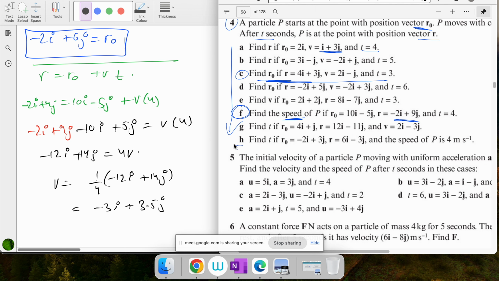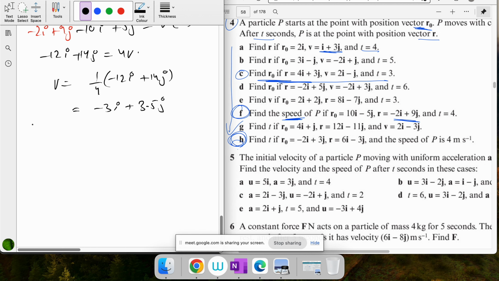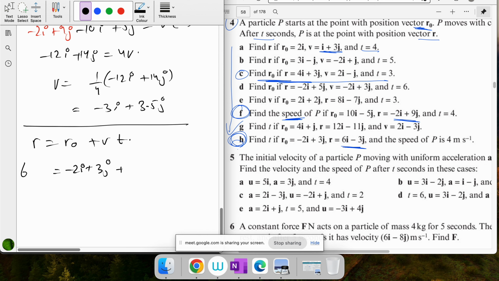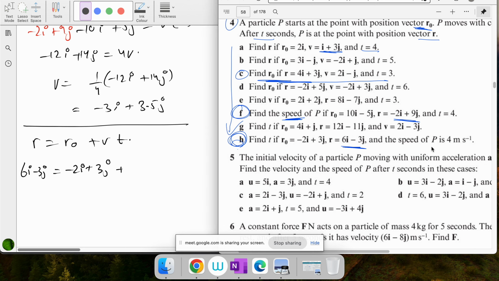H part says find time. So r equals r naught plus vt. R naught is given, that is minus 2i plus 3j, and then r is given, that is 6i minus 3j, and the speed is 4 meters per second, and we have to find time.